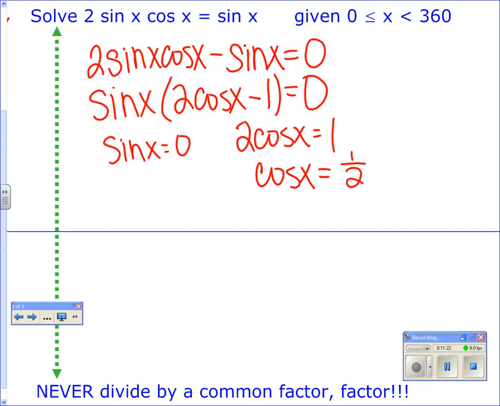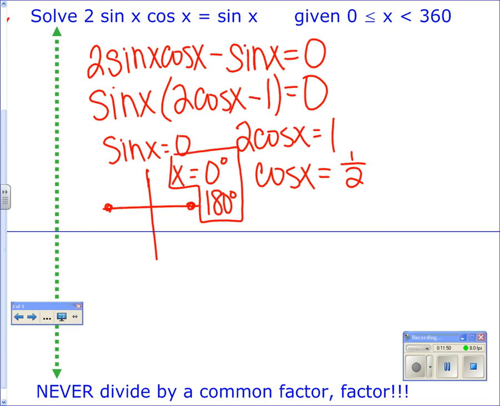Do y'all see how that works? Okay, so sine of x equals 0. What kind of angle? Quadrantals. Where is the sine 0? It's the y value. At those two. Yes. x equals 0 and 180. Does that make sense?